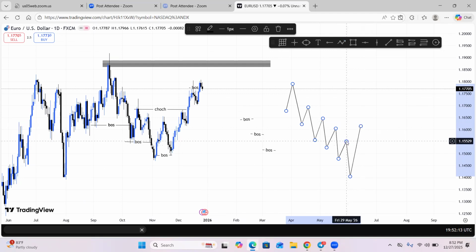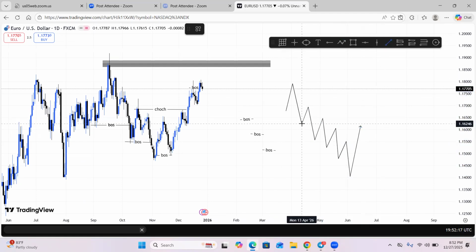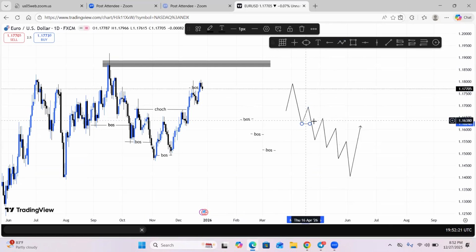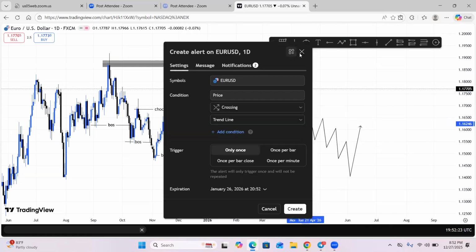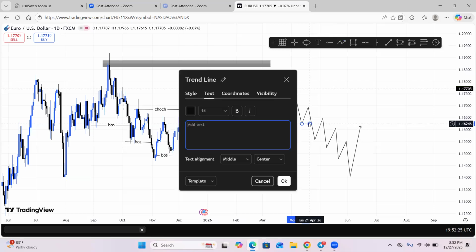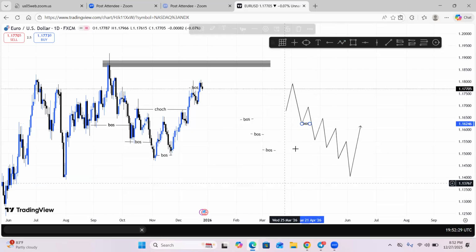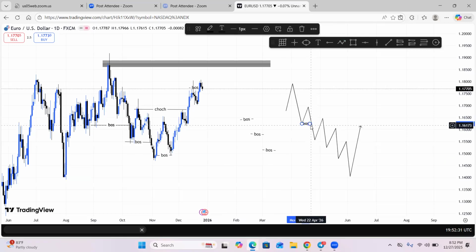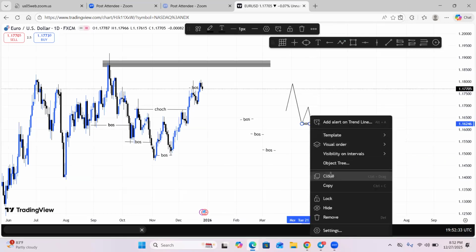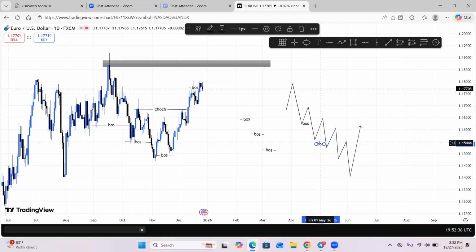This is the last origin of a break of structure. All this, the market is breaking structures to the downside. BOS. The market is breaking structures to the downside.